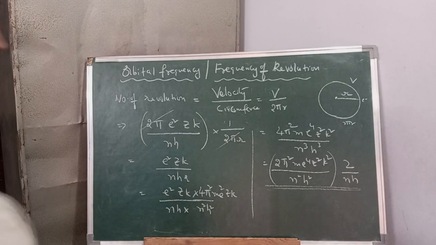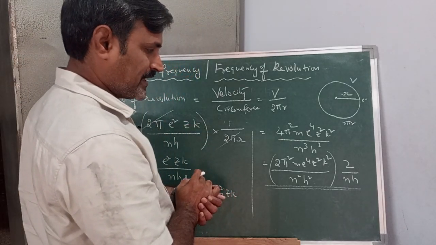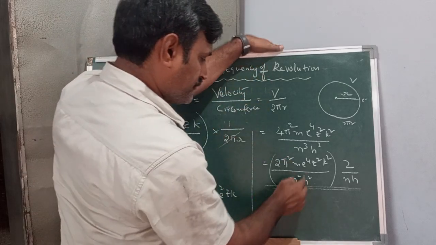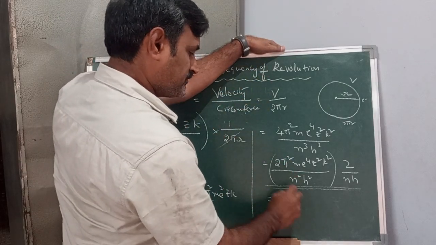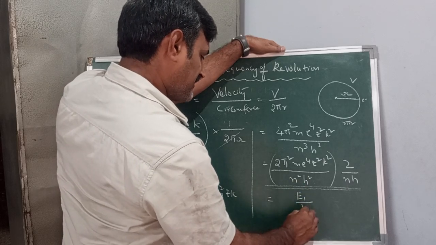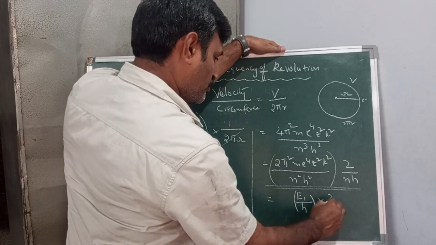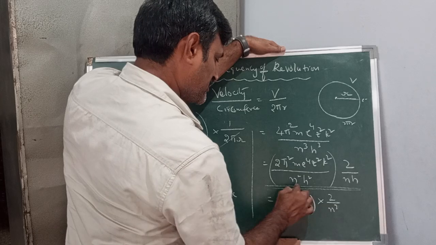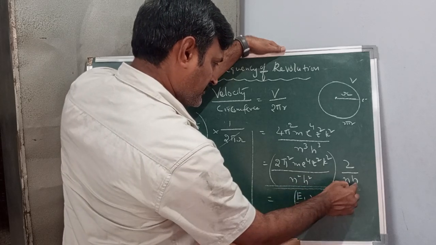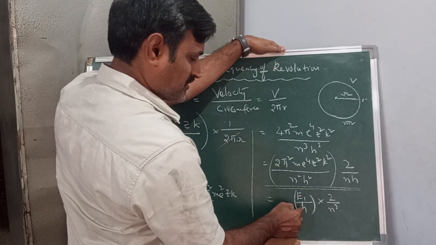This will be the formula for the number of revolutions, but in different cases, if they give something differently, like if you consider this as the energy of the Bohr orbit, the first orbit, E1, divided by h multiplied by 2 by n cube, so this n square goes to this side and becomes n cube, and the h we take here. So this part is called E1 by h.